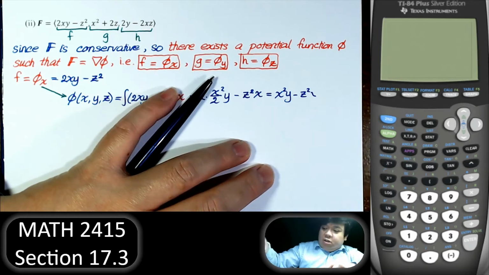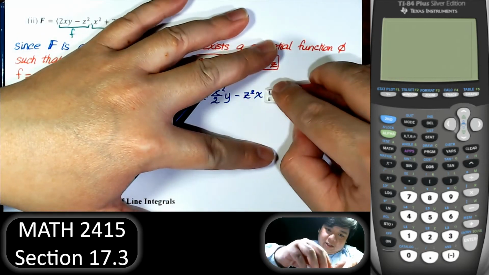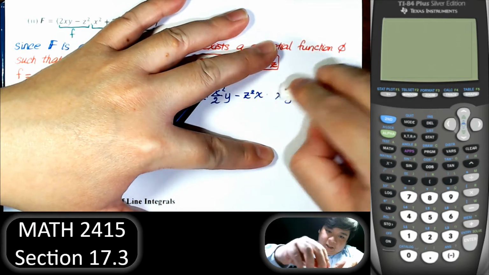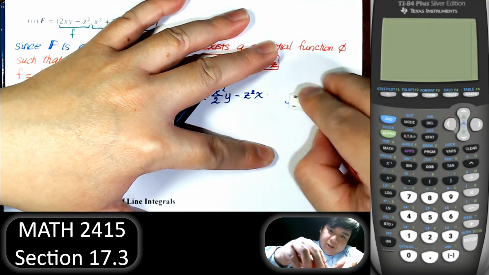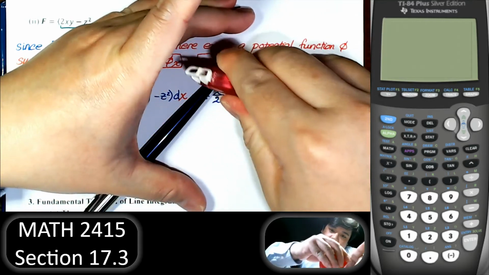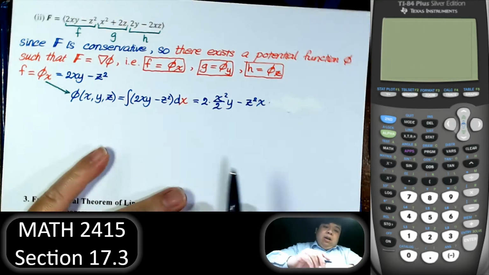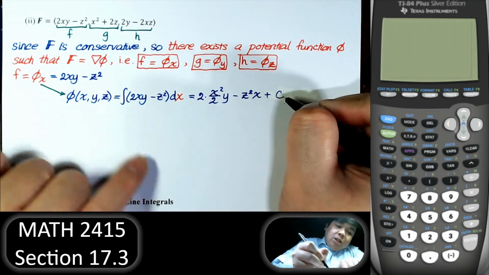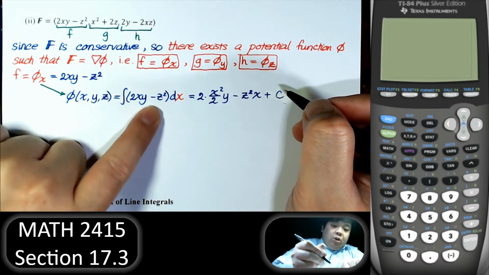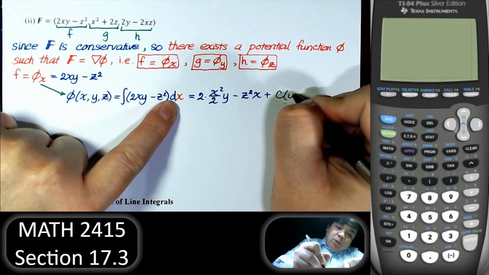Plus a constant, right? Since we integrate with respect to x, the constant might be in terms of y and z.